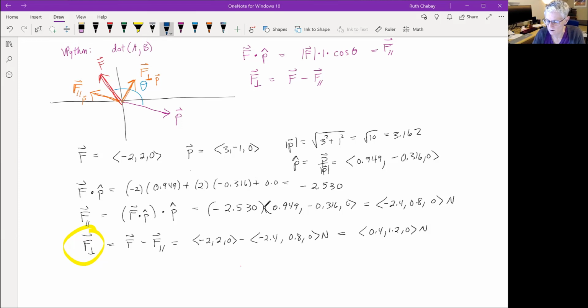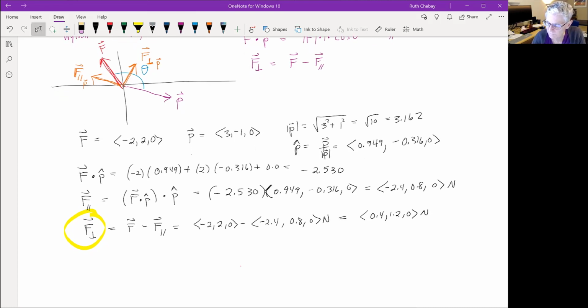Okay, so that tells us that the momentum, in the next little time, will be rotated counterclockwise. And the parallel component tells us that the magnitude is going to decrease, actually.